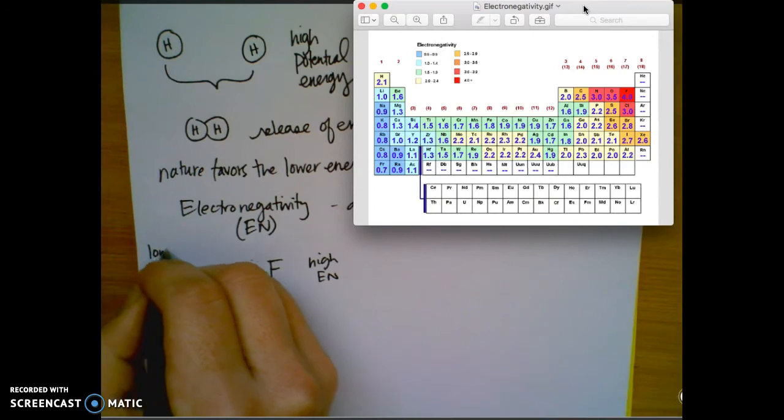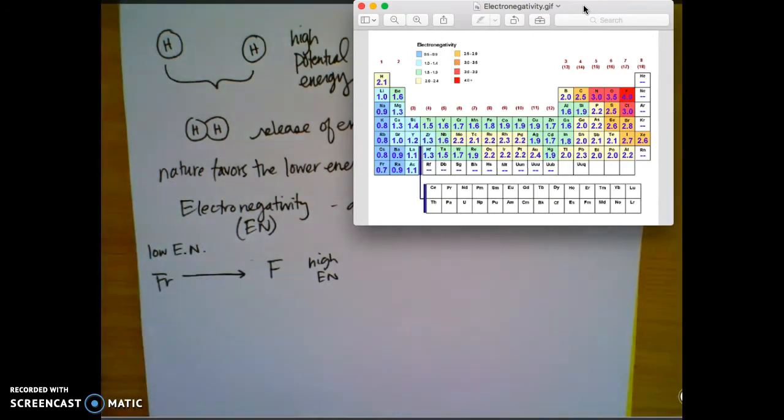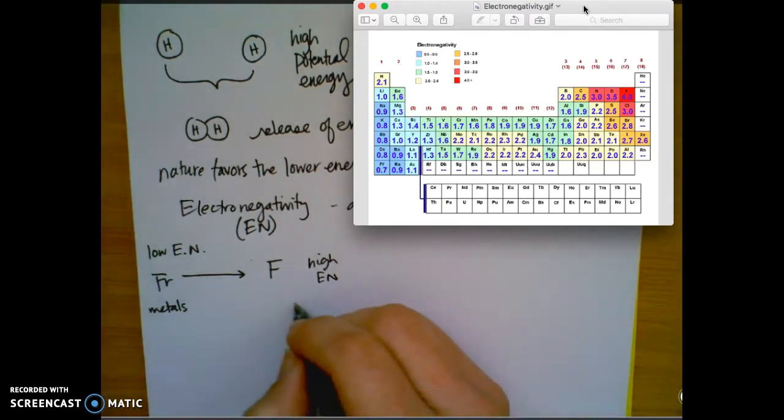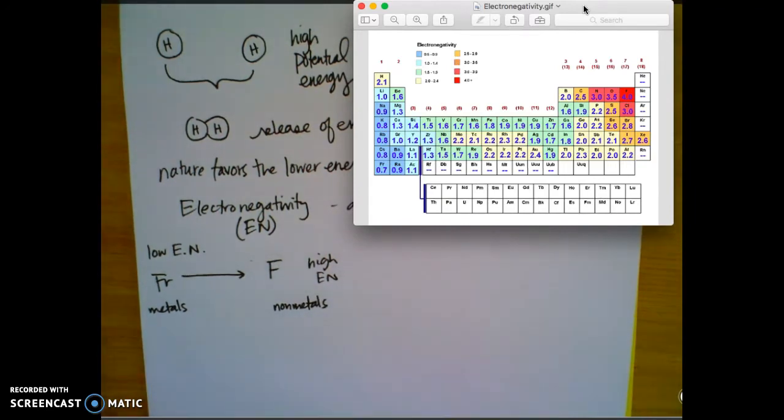So this is the low electronegativity. Now, you'll also notice that in general, metals have a lower electronegativity and non-metals have a higher electronegativity. And this is just a periodic trend that you will see take place in this chart.